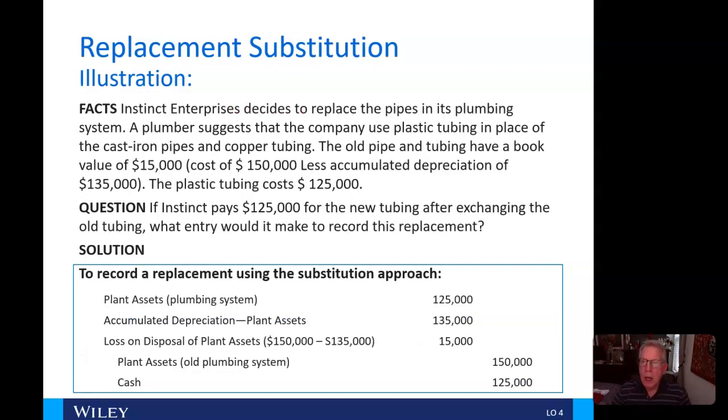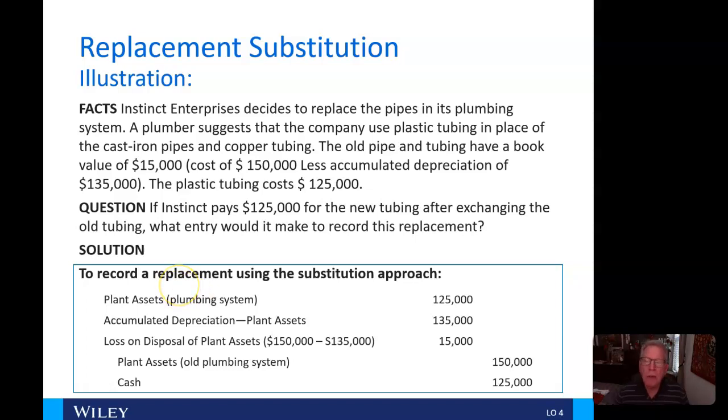Now we're going to look at a replacement substitution here with Instinct Enterprises. They decide to replace the pipes in its plumbing system. A plumber suggests that the company use plastic tubing in place of cast iron pipes and copper tubing. Never a good idea, by the way. The old pipe and tubing have a book value of $15,000.